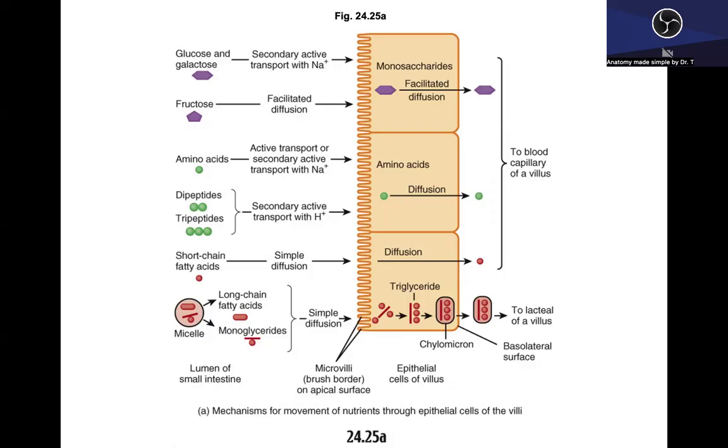Absorption of amino acids, dipeptides, and eventually tripeptides. 95 to 98% of that is absorbed in the small intestine, and most of the amino acids are absorbed through active transport or secondary active transport along with the sodium ions.